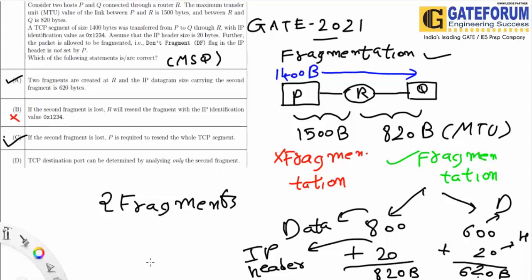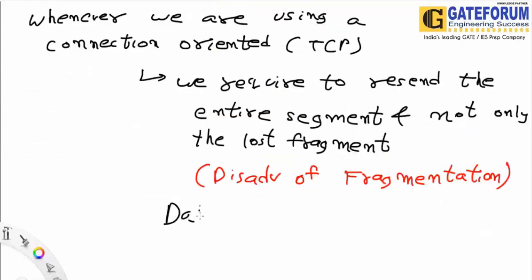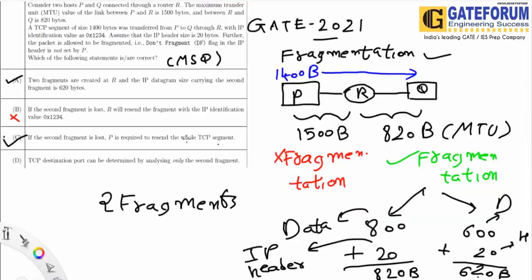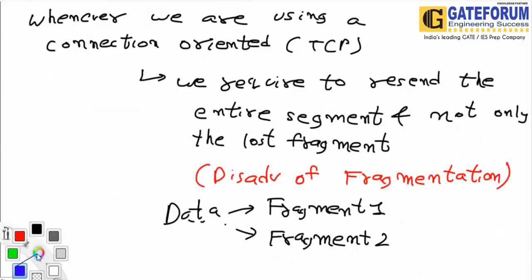If I have data, and the data has two fragments, let's say fragment one and fragment two, then all the information related to the TCP header would always be a part of the first fragment only.